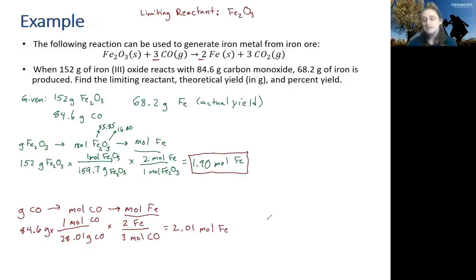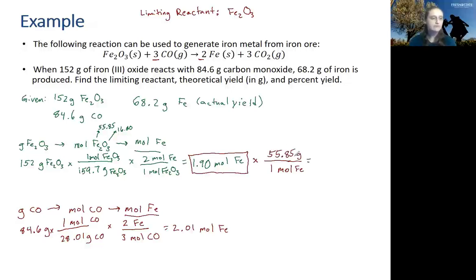The theoretical yield is going to come directly from the amount of product produced by the limiting reactant. In this case, we're going to start with 1.90 moles of iron, but we're asked for the theoretical yield in grams. So again, we need to make use of our atomic mass for iron, which is 55.85 grams per mole, and we need moles in the denominator in order to cancel with the moles that we start with.